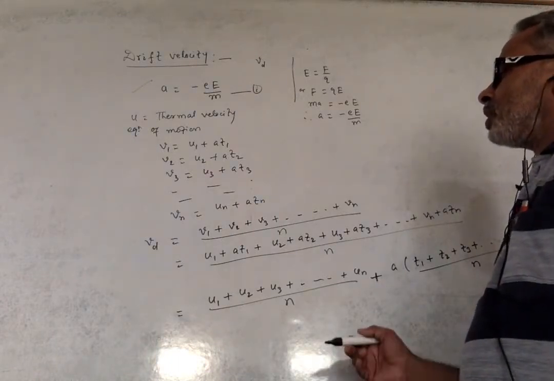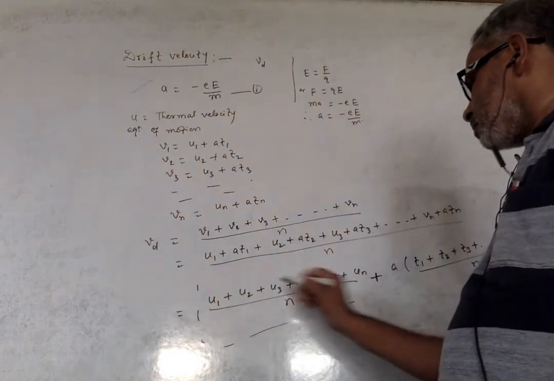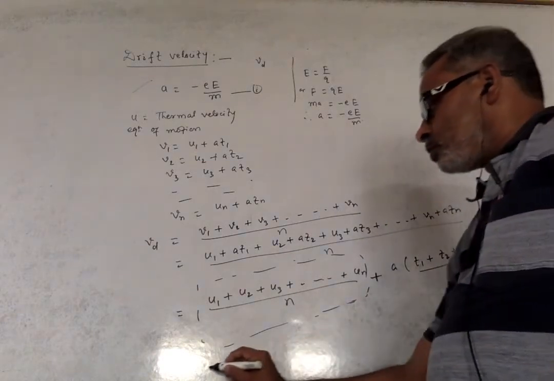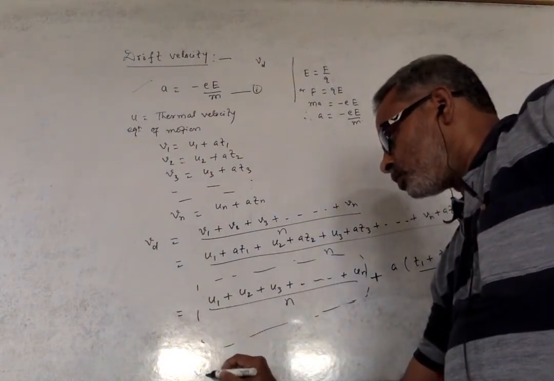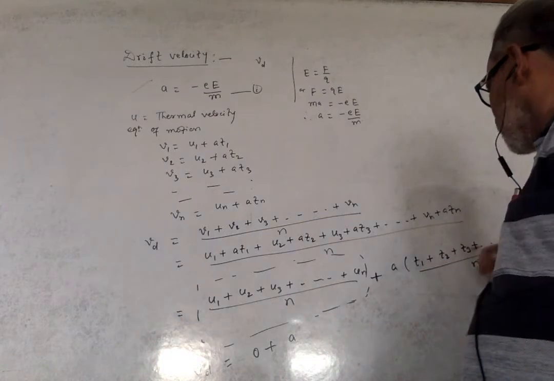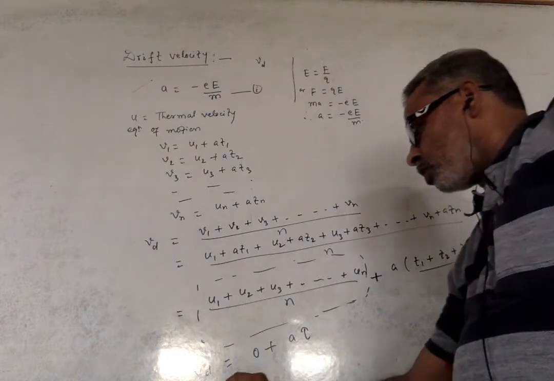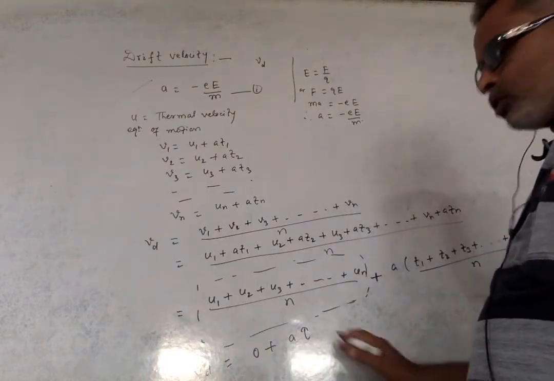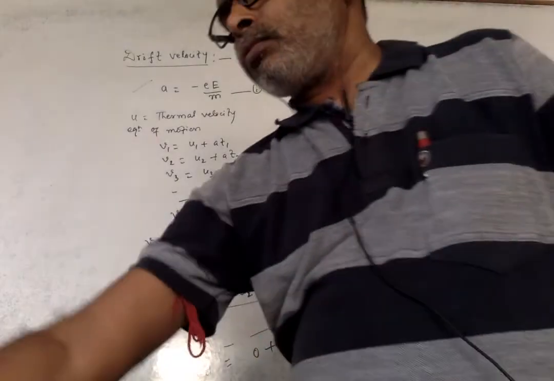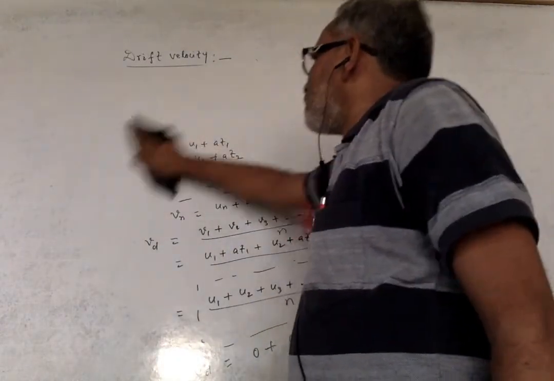If initially the electron is at rest, then the first term is 0. Therefore, Vd equal to 0 plus A tau, where tau is the relaxation time.